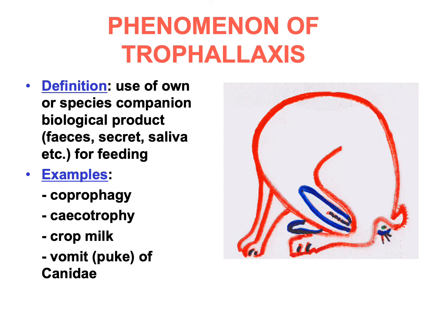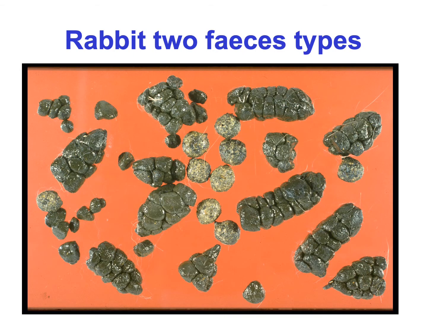So this is this slide, and the next slide shows us the two feces types of the rabbit. The cluster-like one is the cecotroph or soft feces, and the individual yellow balls are the hard feces, which is low in protein and high in fiber.